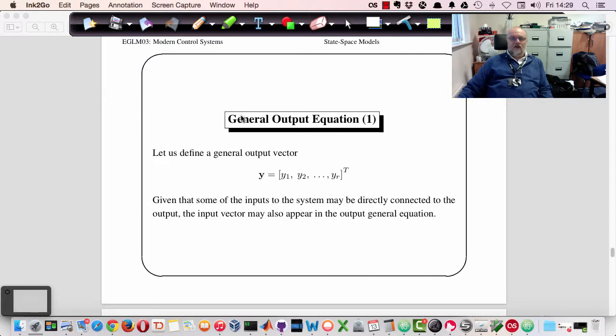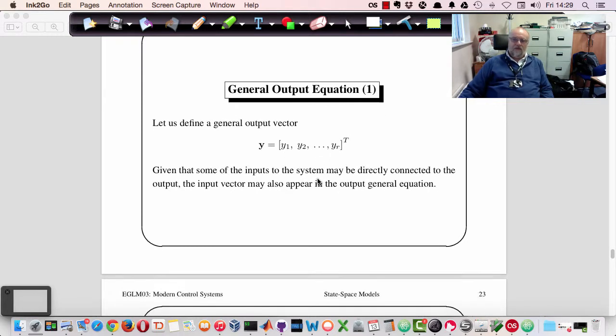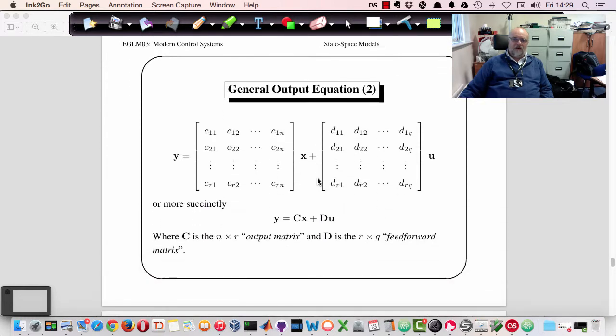So we define a general output vector y, and this time there'll be r of them, and we can then write a general output equation relating y to the states plus the inputs. And so we have a big matrix C of all the coefficients for the states, all the combinations of the states that go to make up y, and then a similar matrix for all the combinations of u that make up this term here.